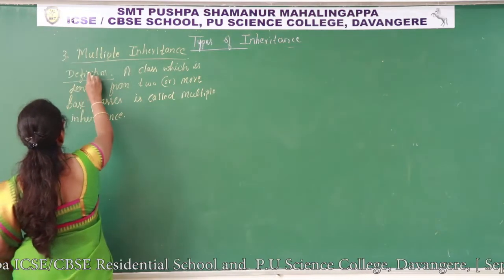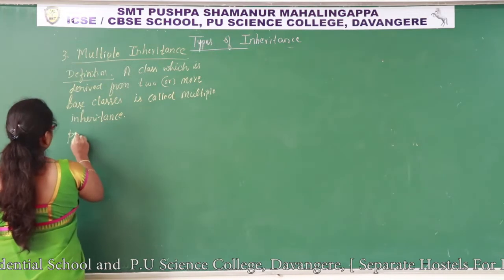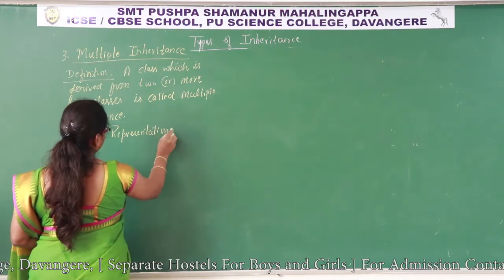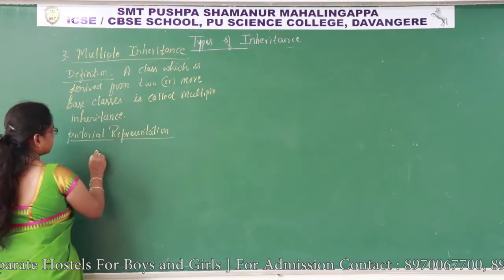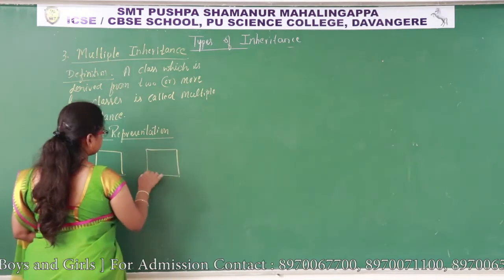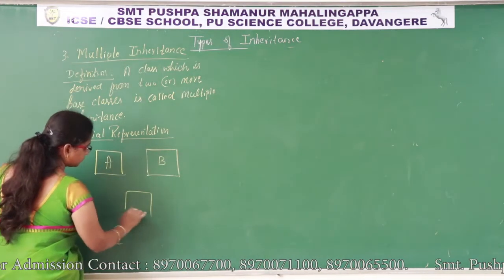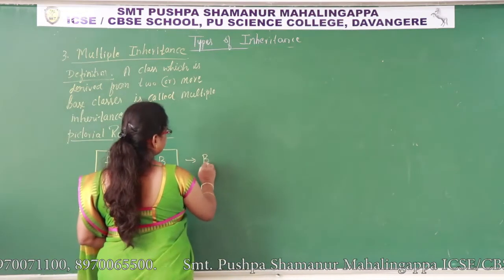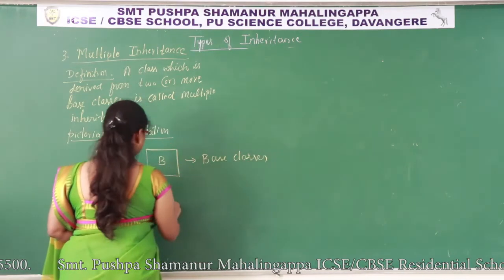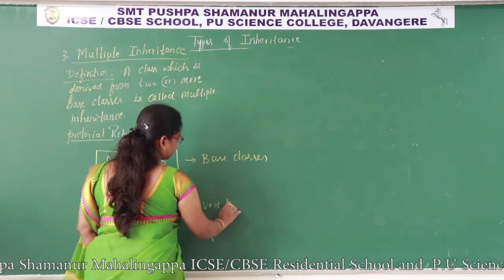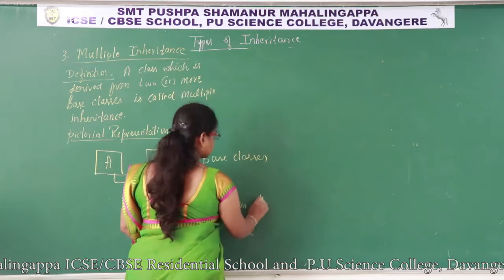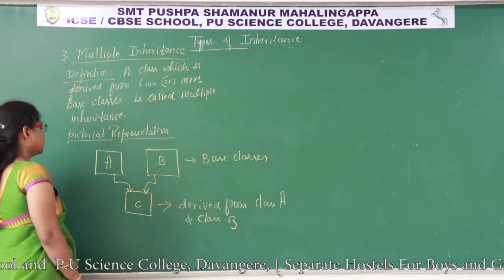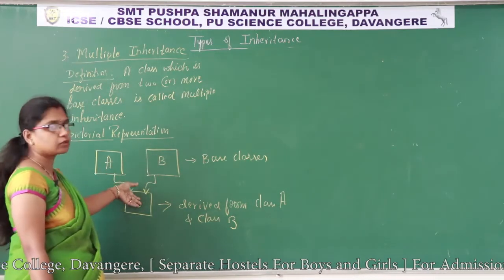Then the pictorial representation. Class A properties go to class C and class B properties go to class C.